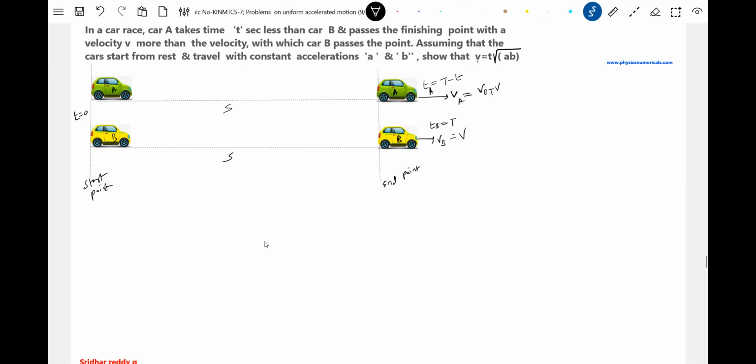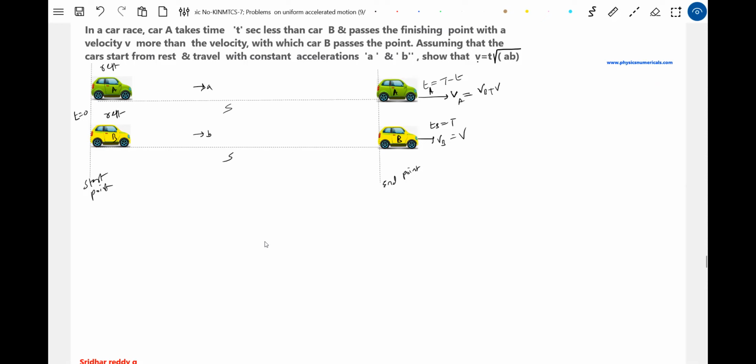They both will start from rest and travel with constant accelerations A and B. So this will have acceleration A, this has acceleration B.